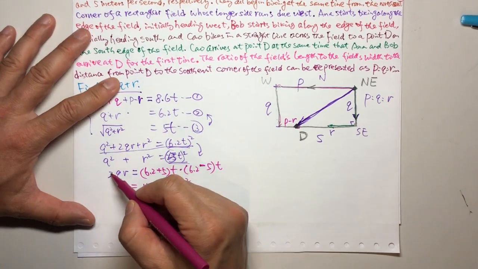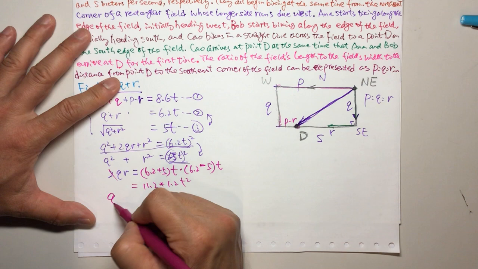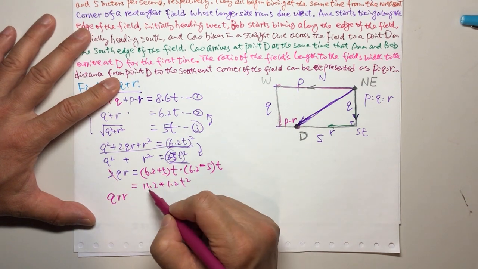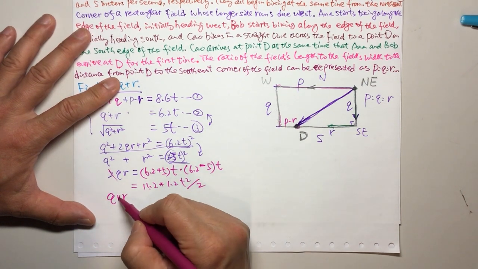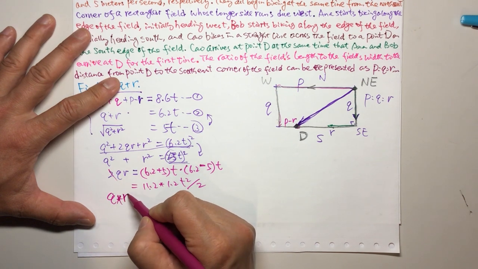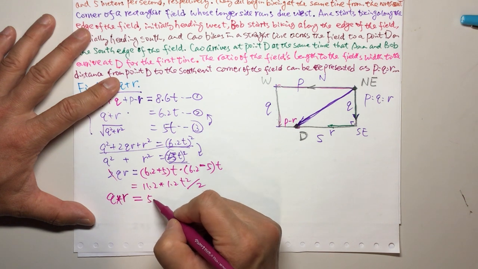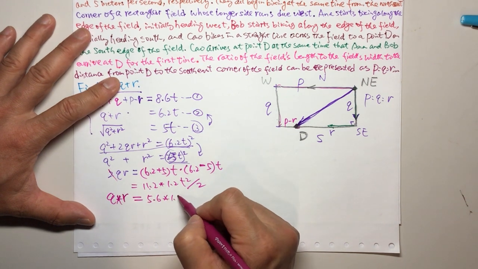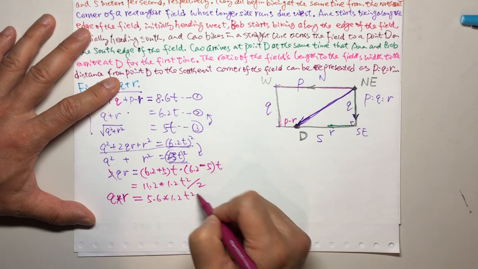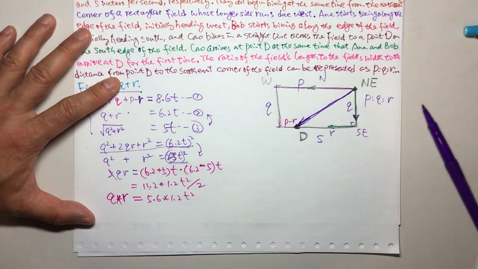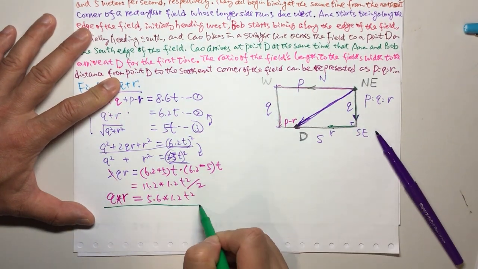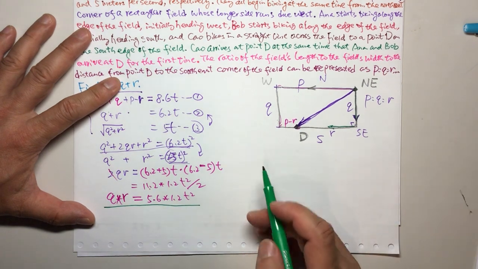Each side we just cancel the 2, dividing by 2. So we know Q times R equals 5.6 times 1.2 t squared. Okay, now we got this one, and then what will be the next step?